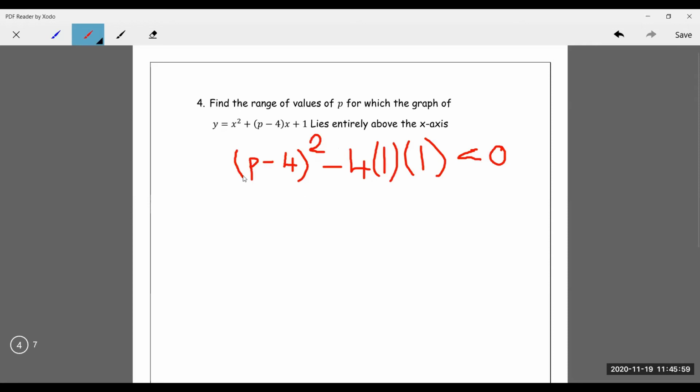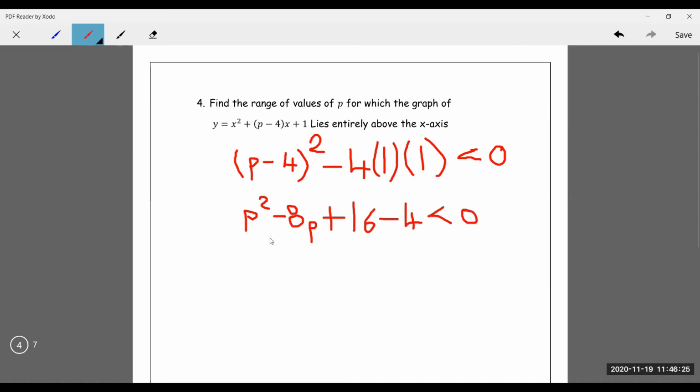And so when we expand this, we get the first term squared, so P squared, minus twice the product of the two, which is minus 8P, plus the second term squared, which is plus 16. And then we have minus 4 times 1 times 1, which is minus 4, and that is less than 0.